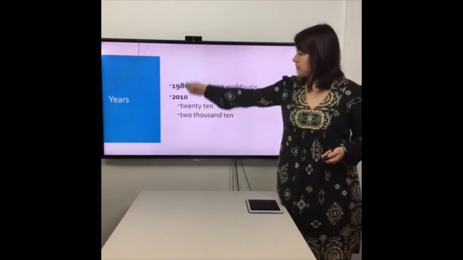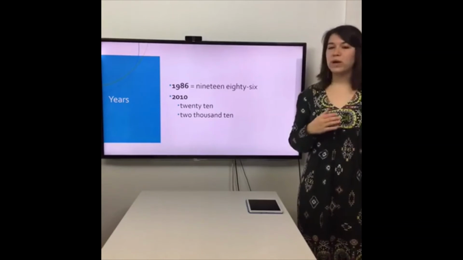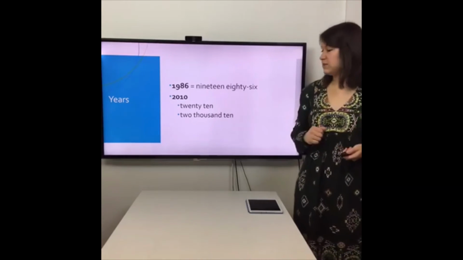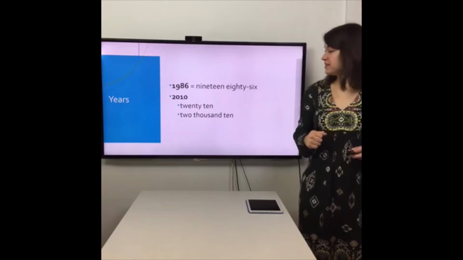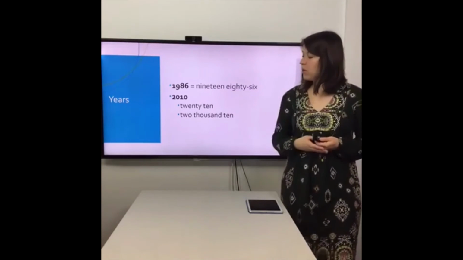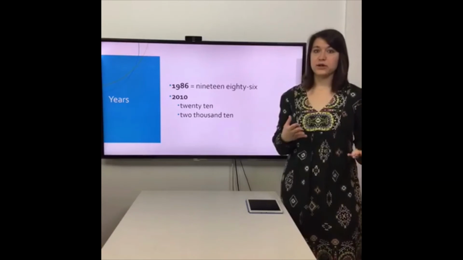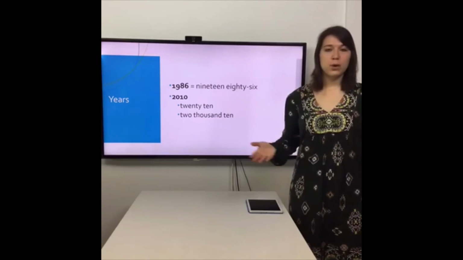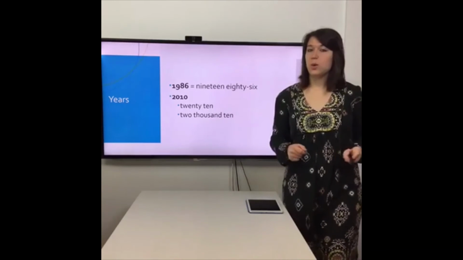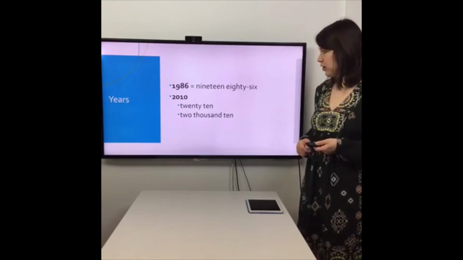Okay, so we split it down the middle as you get up to 2000. Okay? With 2010, we can say, in this example, two different ways, either twenty ten or two thousand ten. Both are correct, so just choose whichever is more comfortable for you.